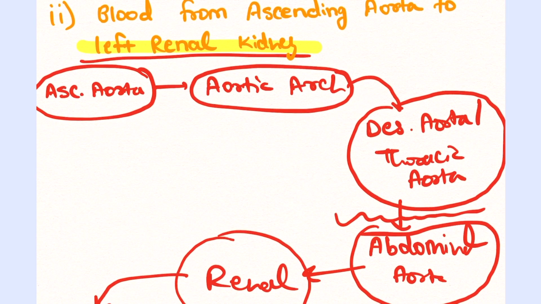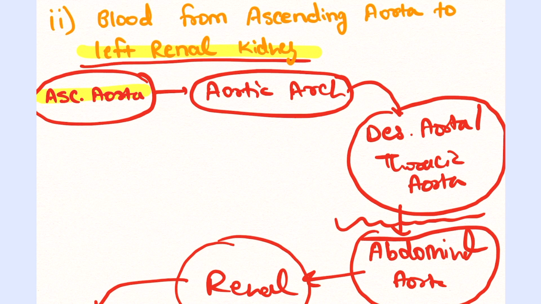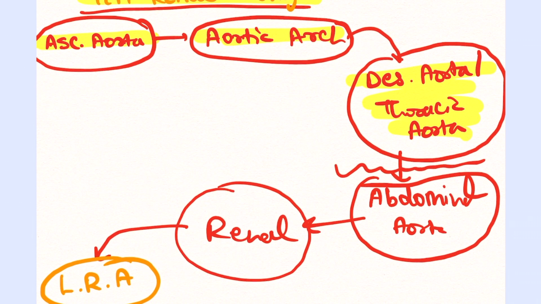Now let's recap. So blood first of all reaches the ascending aorta, then it passes through the aortic arch, doesn't go through any of the divisions of the aortic arch, just goes through the descending aorta or thoracic aorta, which is the extension of the ascending aorta and aortic arch. It goes inferior, passes the diaphragm, which is this wiggly line, and becomes abdominal aorta.